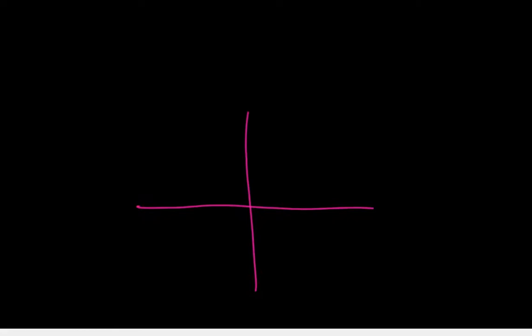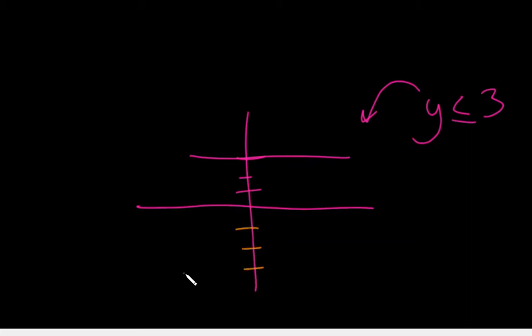I was happy with getting just 1 point in the number of inequalities. Well, I could draw one line right here, let's say at 3. That line is going to be y is less than or equal to 3. Then with a different colored pencil, I would draw another line, and this is going to be y is greater than or equal to -3.